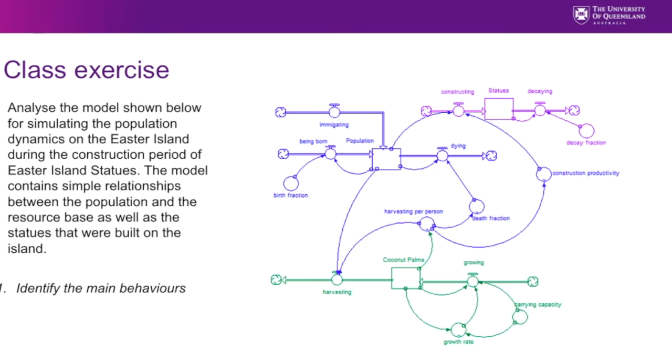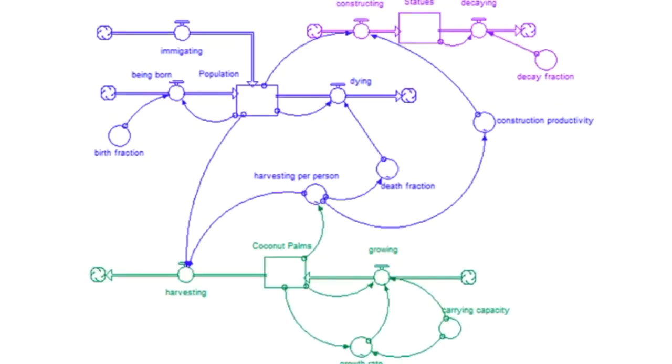The model contains simple relationships between the population and the resource base as well as the statues that were built on the island. We can now clearly identify some of the behaviors that we've been discussing in this session.